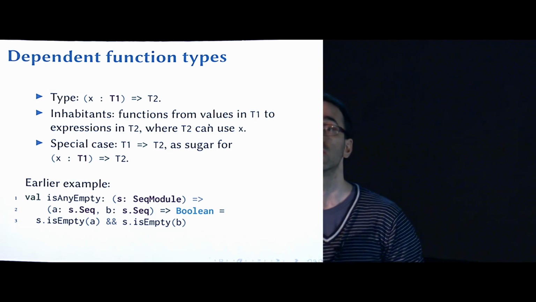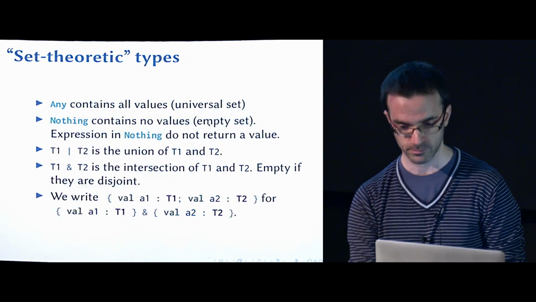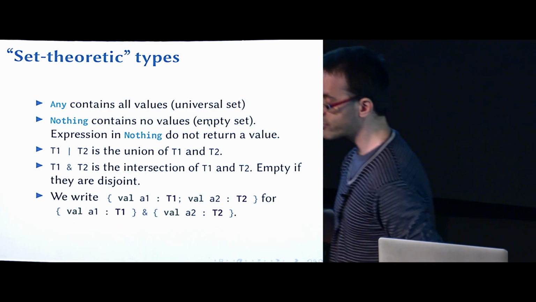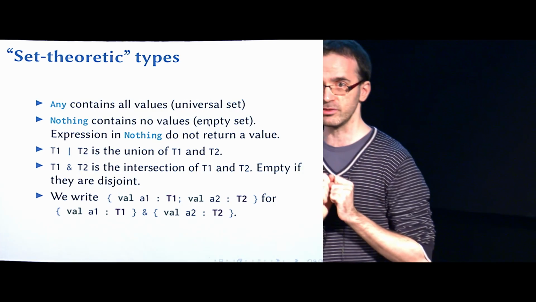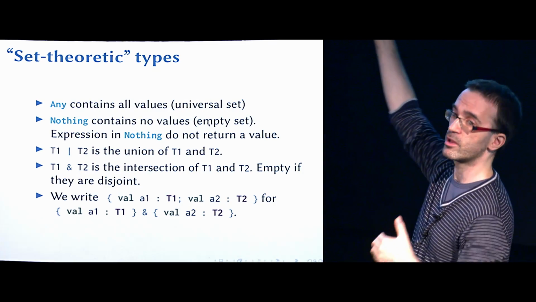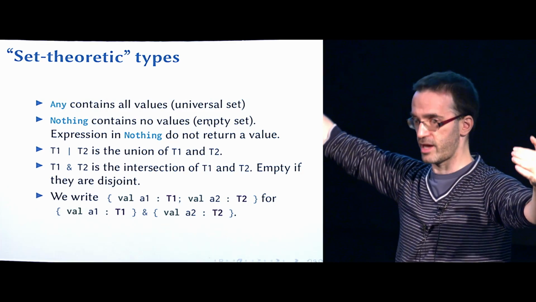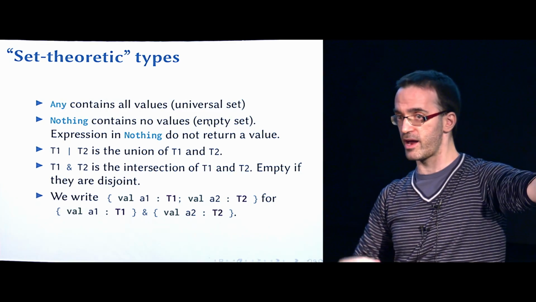Yes? What happens if you intersect two types that have members of the same name but different types? Good question. Because of this interpretation, the members of T1 and T2 are the members of values which are both in T1 and in T2.